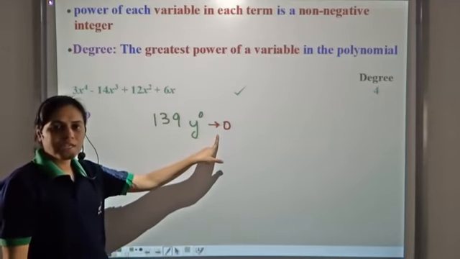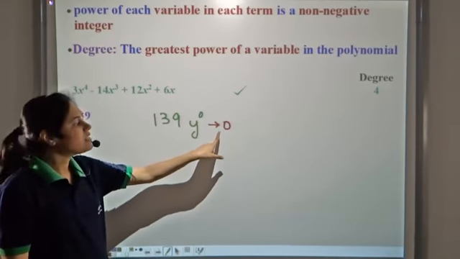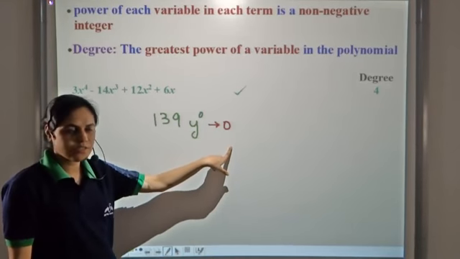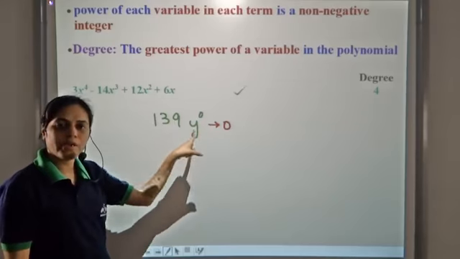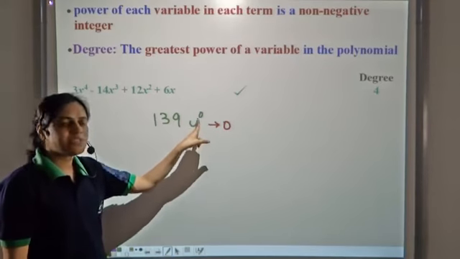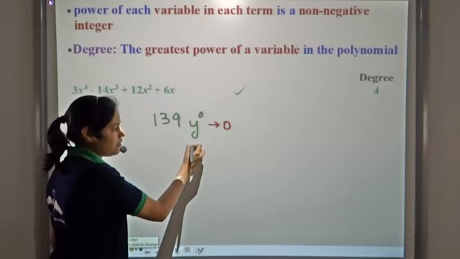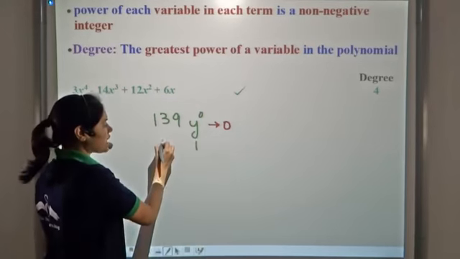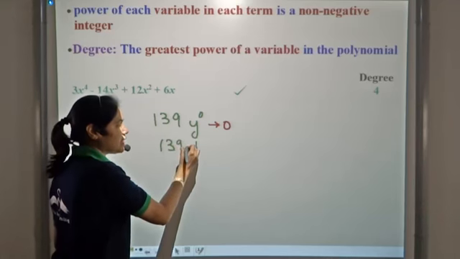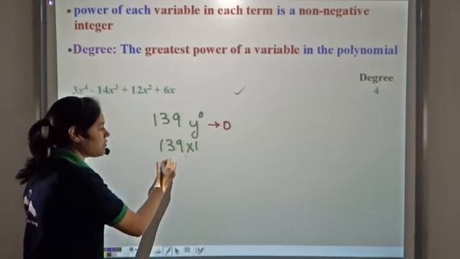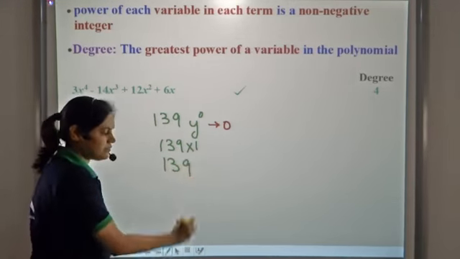Is 0 a non-negative integer? Yes, 0 is a non-negative integer. So this is a polynomial. But what is y to the power 0? y to the power 0 is 1. So this is actually 139 into 1, which is equal to 139.